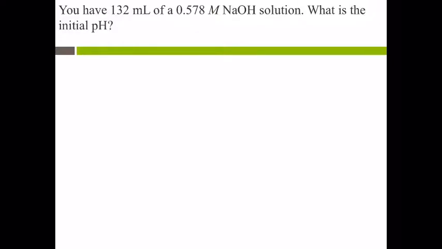So the first thing that we should do is write out an equation where we have NaOH added to water, and we know that when we do that, we have an ionic bond that will separate into a polyatomic ion of hydroxide and a sodium cation, and the water just sits there. It is what allows this to happen. So that means that however many sodium hydroxides we have is the same as the number of hydroxides we have.